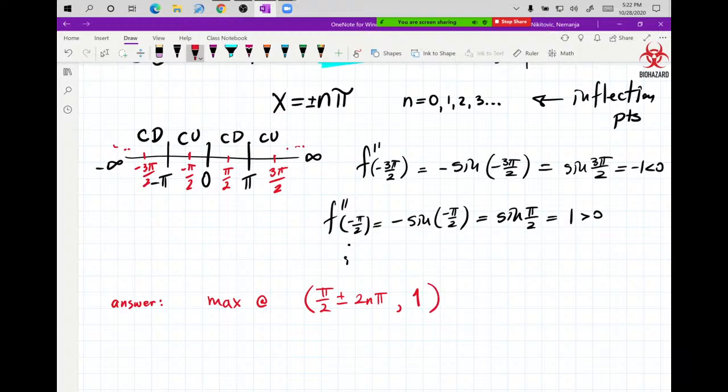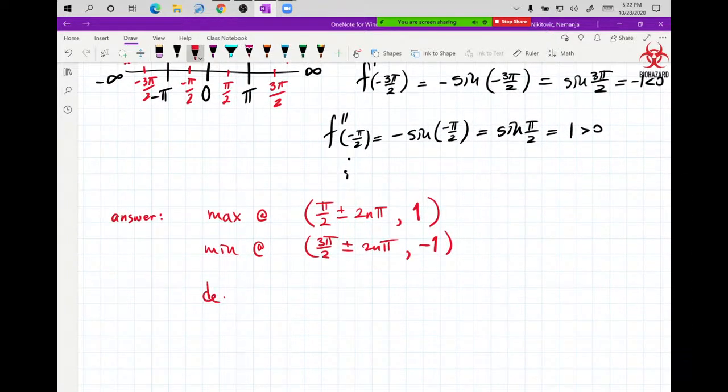That's the max. Then we have the min at 3 pi over 2 plus minus 2n pi, comma negative 1. The min values for the sine function are all at negative 1. And again, 2n pi, that n we will define for all of our problems.